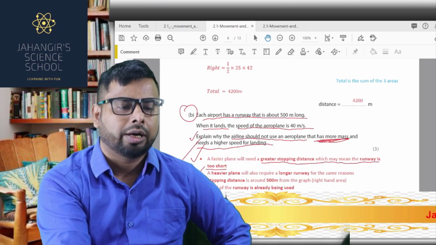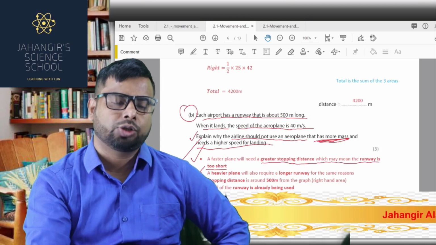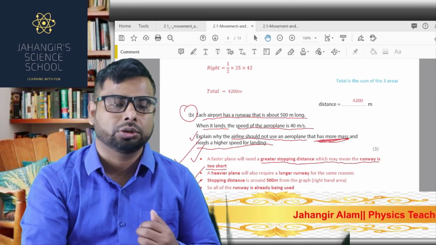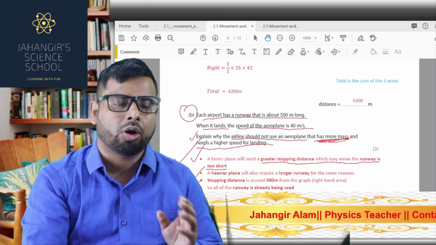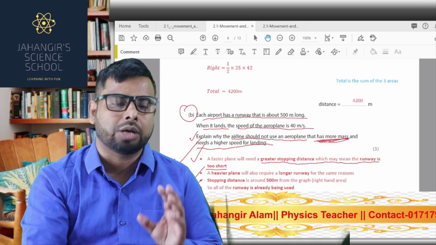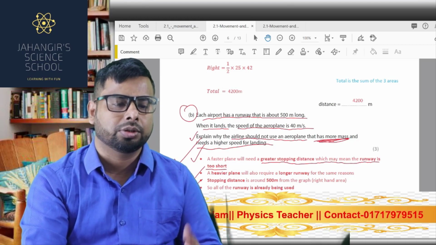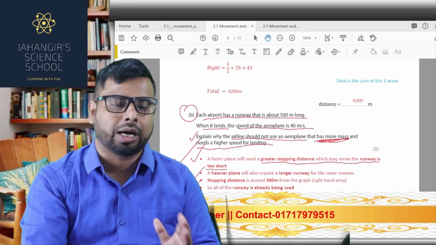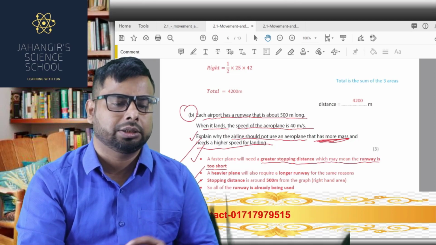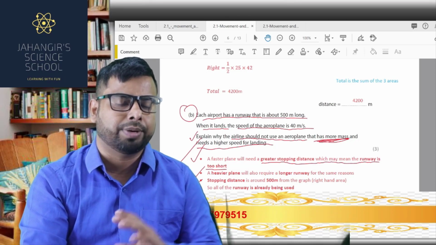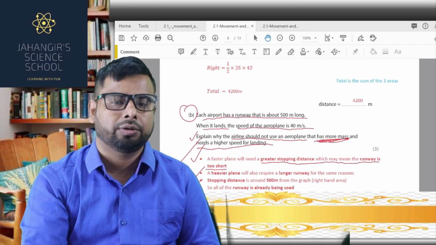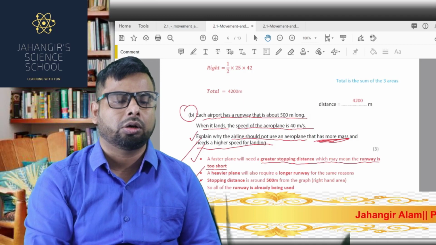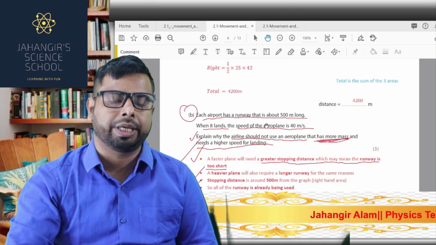Because a faster plane will need a greater stopping distance, which may mean the runway is too short. A heavier plane will also require a longer runway for the same reasons. Stopping distance is around 500 meter from the right part of the speed time graph. So all of the runway is already being used.